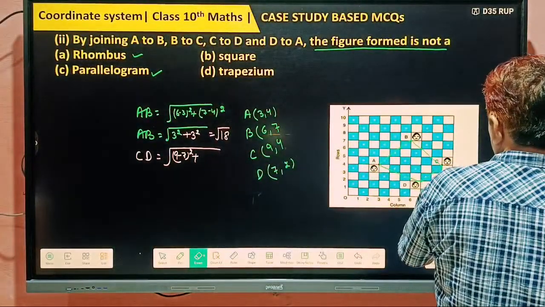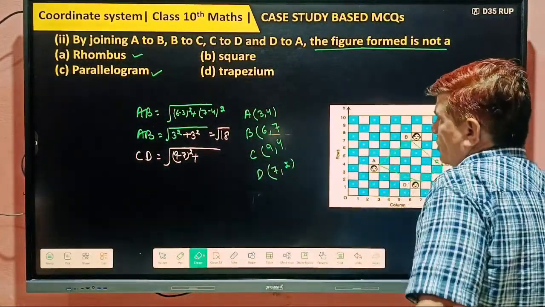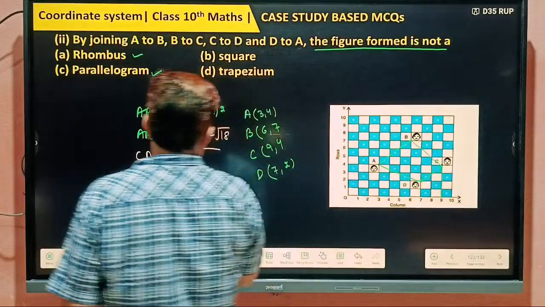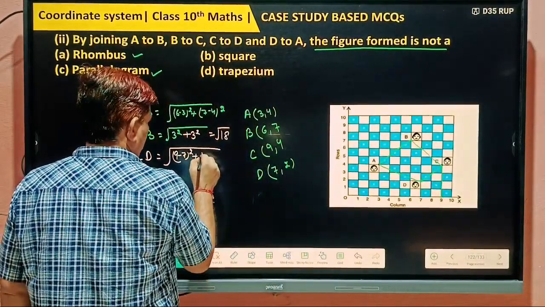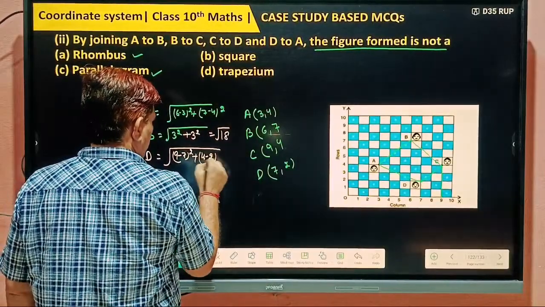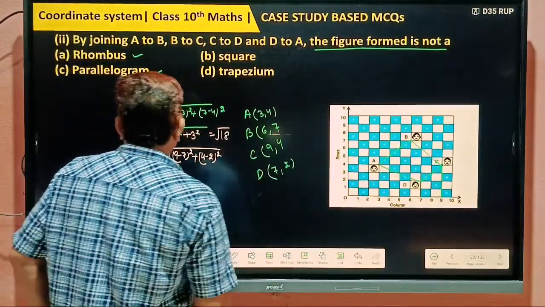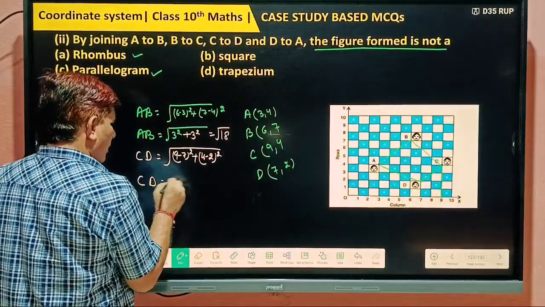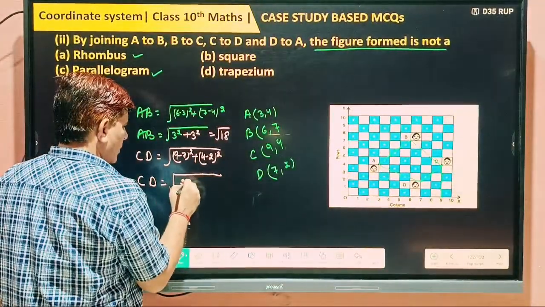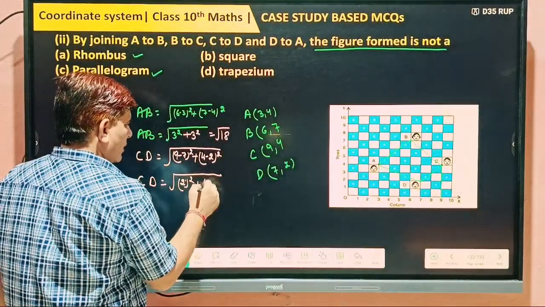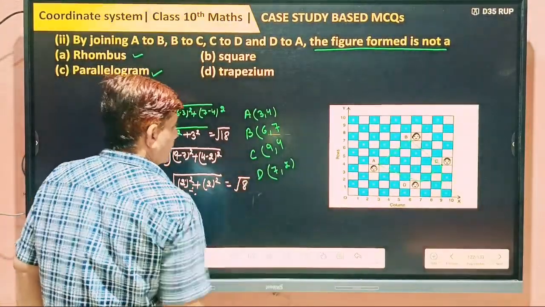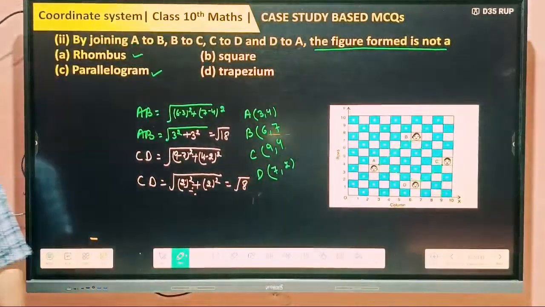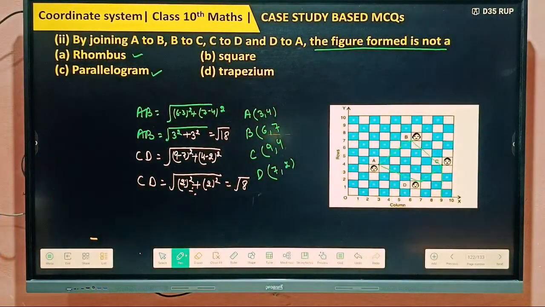C is here: 1, 2, 3, 4. So 4 minus 2, whole square. So CD equal to what? 9 minus 7, 2 square. What is this? 2 square. So it means under root 8. What's given? Under root 8 given.